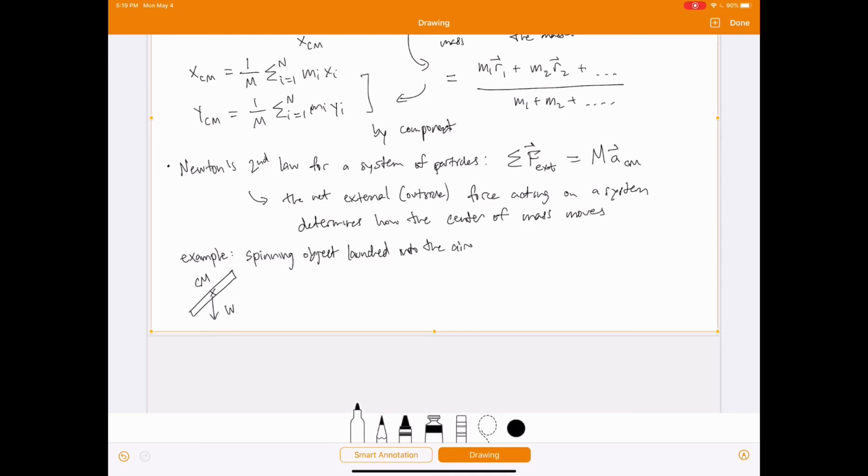And we have the force of gravity, or the weight, acting on that object. Now, this is the only external force. So gravity is the only external force, of course, if we ignore air resistance.